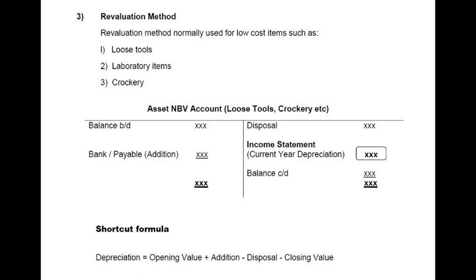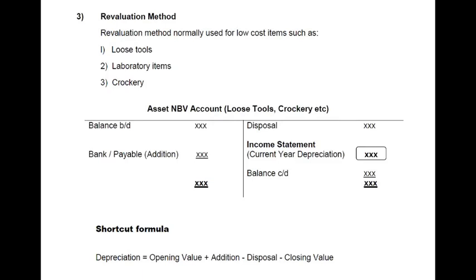depreciation using the revaluation method. So the revaluation method is basically used where no other depreciation method is mentioned in an examination question. For straight line, you need the rate of the asset or the life of the asset, and for reducing balance, again you need the method, the percentage, that is the rate of depreciation.